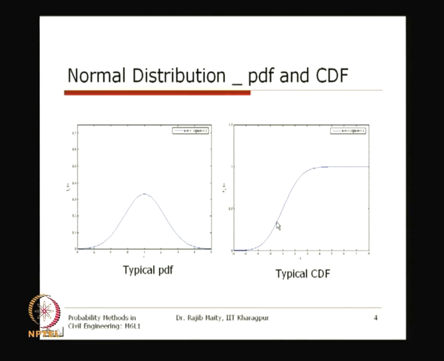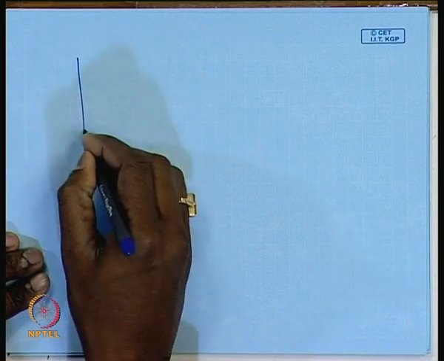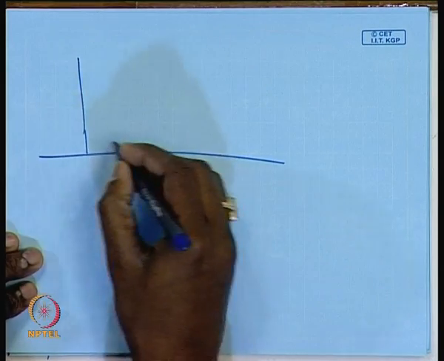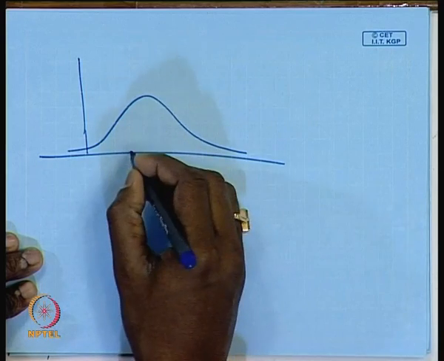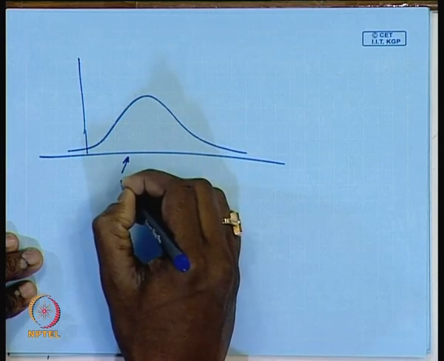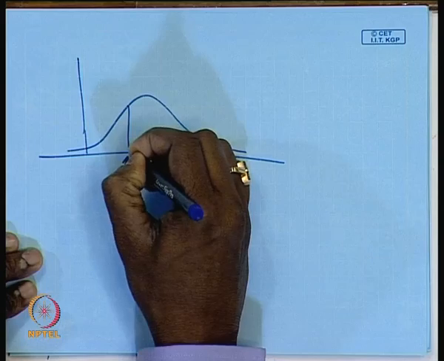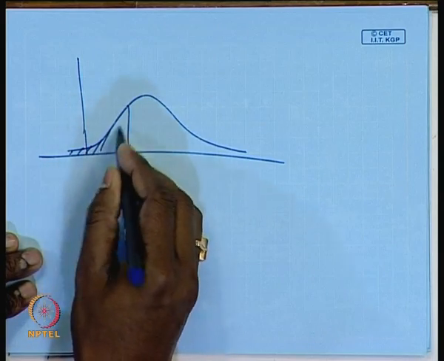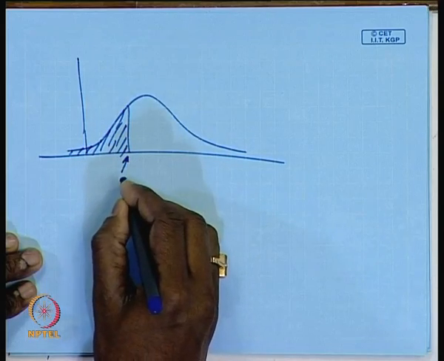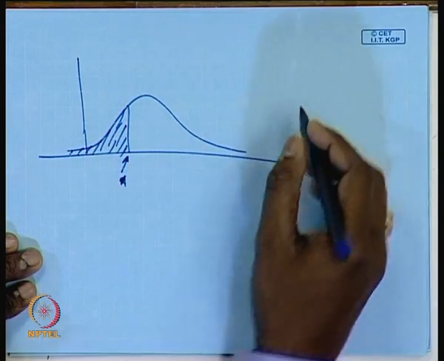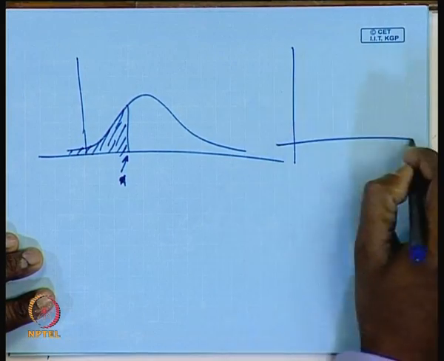So, what we are referring to here is this area, say this is your PDF. For any specific value x that we are talking about, up to this, whatever the total area covered here, this area for this value x will be reflected in the CDF.